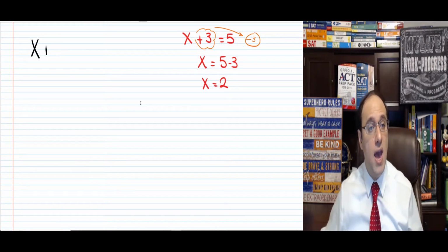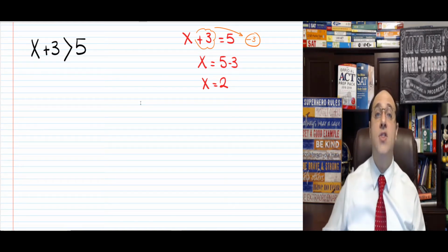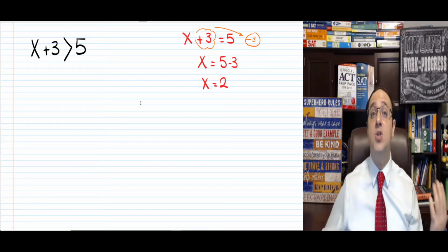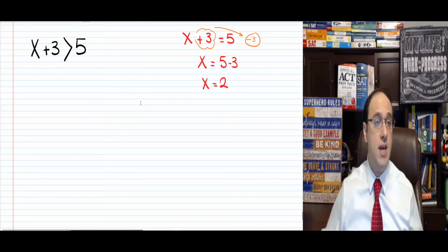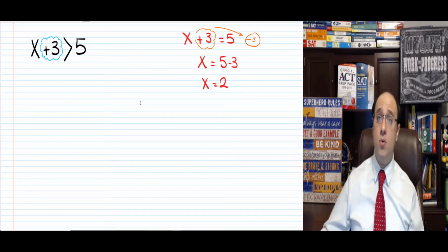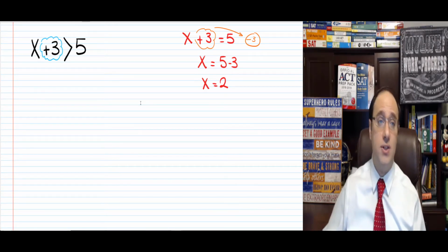Take a look. X plus 3 is greater than 5. What do I do here? The greater than sign is pretty similar to the equal sign in the equation. So all I do is I say, I want just to have x's on the left and numbers on the right. So I need to get rid of the plus 3.